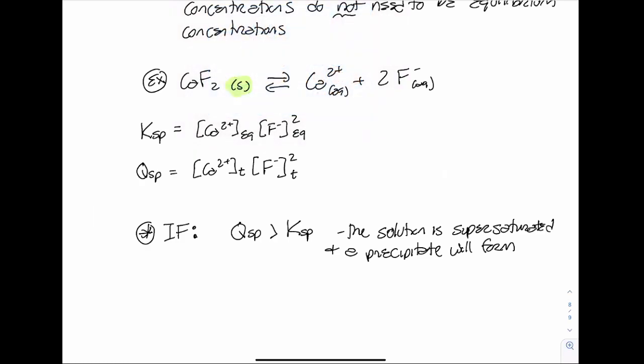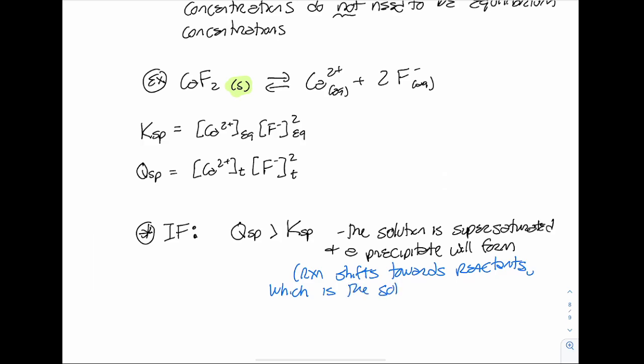We could say the reaction shifts towards reactants, which is the solid. So if my ion product constant is bigger than my solubility product constant, I will form a precipitate.